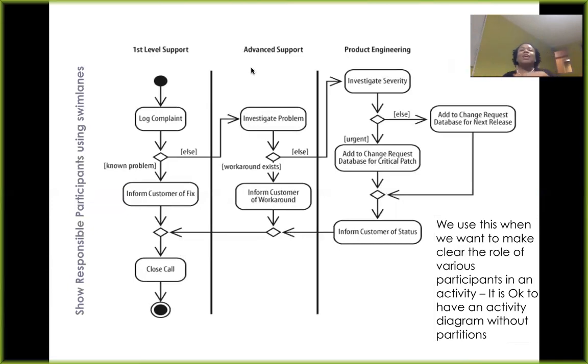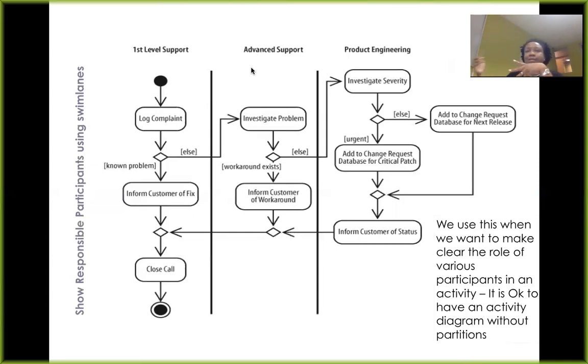But the point is that you can use this not just for a system that you're developing, but if you just want to document how a particular thing happens. This one is showing a business process, but this could even be different parts of a system.